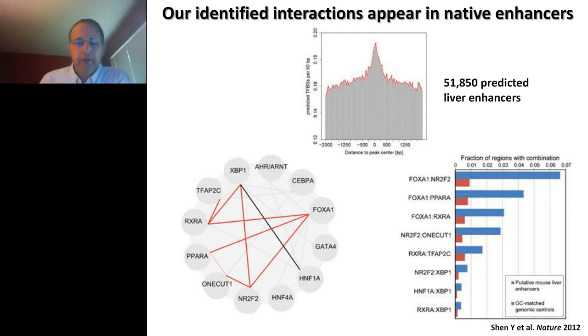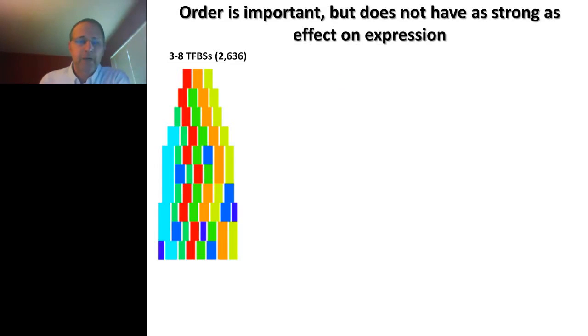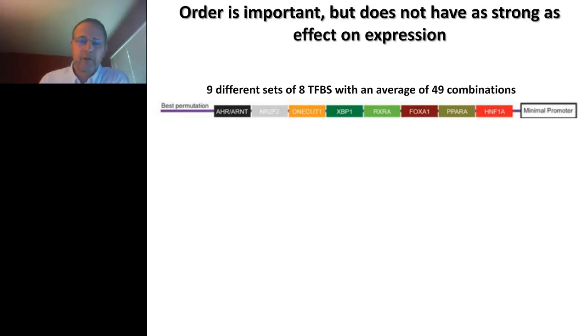Now the last part of the library was made up of various transcription factors in order to ask about order. And we've done quite a lot of this. Almost half the library was actually tested for order, as you can see here by the number, about 2,600 sequences. But I'll just show you one example of this, where we had different sets of 8 transcription factor binding sites where we mixed them around 49 combinations.